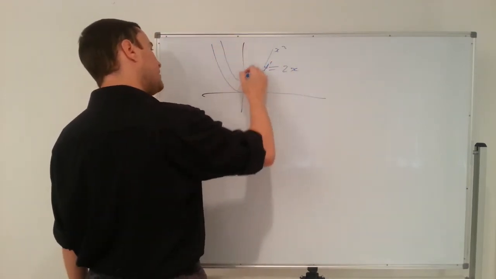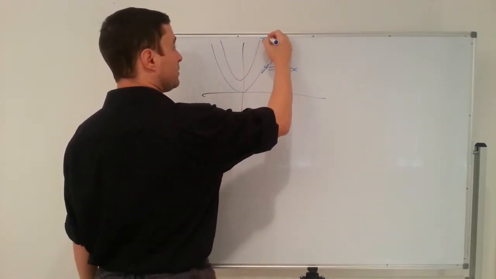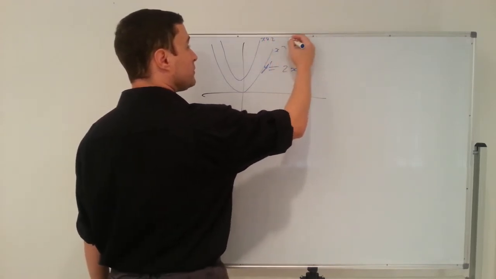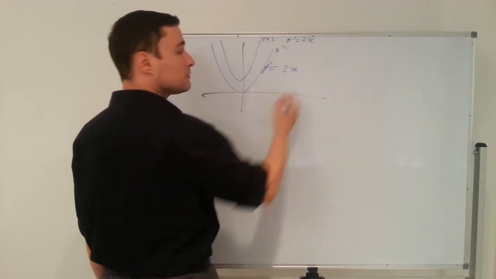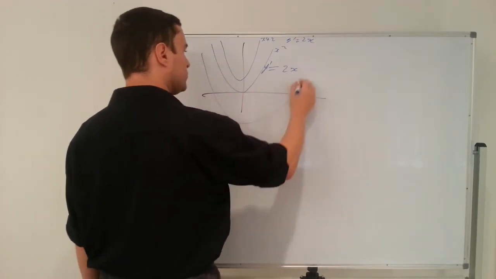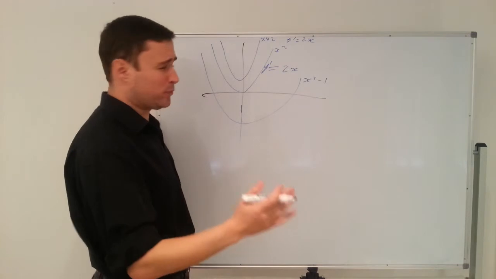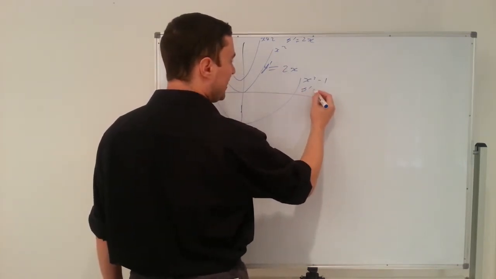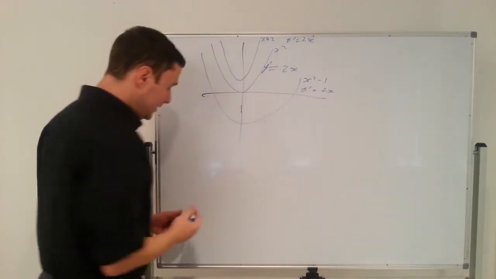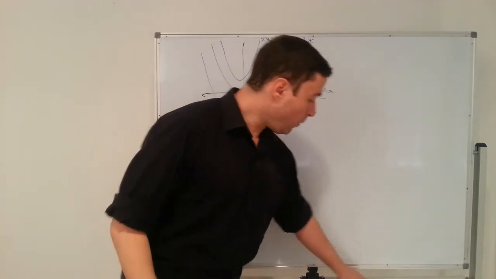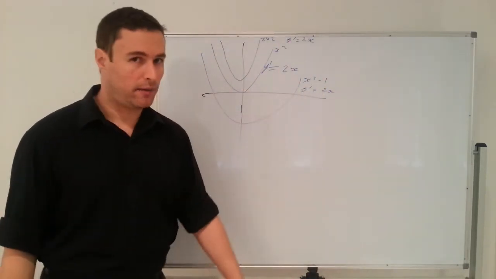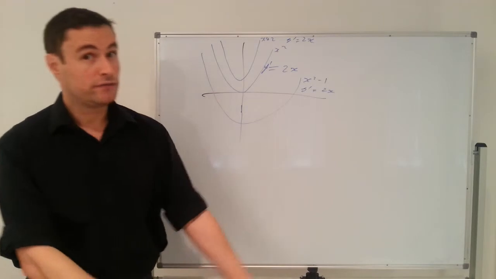If I had x squared plus 2, the derivative, y dash, is still 2x. If I had x squared minus 1, the derivative, y dash, is still 2x. So basically, what we're saying is with all of these, the gradient is still the same. It's just that the shift is slightly different.